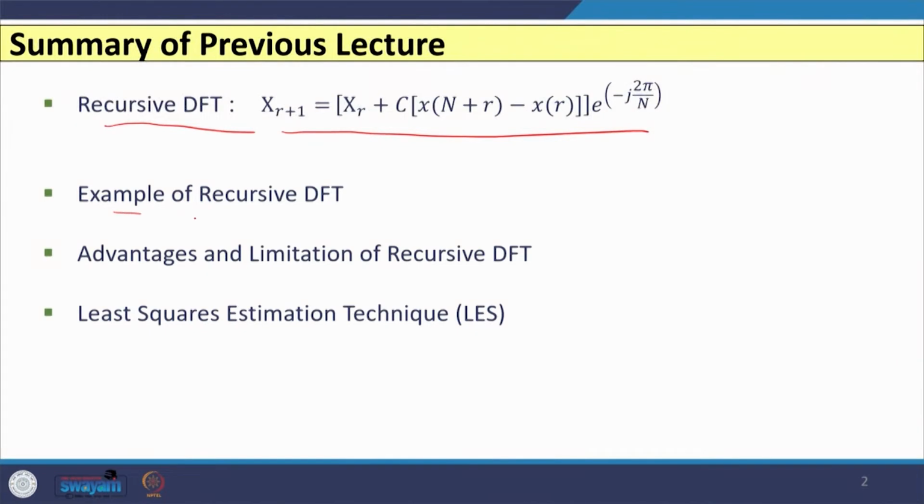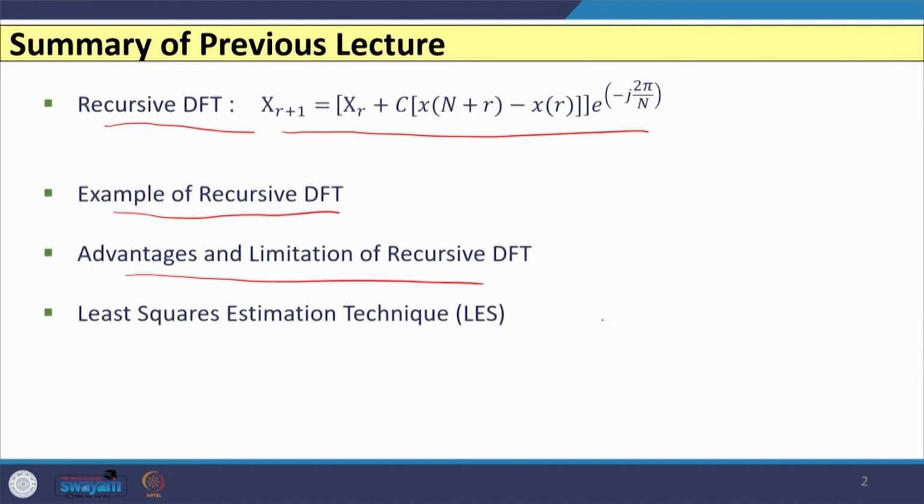Moreover, we have also discussed the example of recursive DFT, and after that we have discussed the advantages and limitation of recursive DFT. We have discussed that if I use the recursive DFT, then the important advantage we have is that the computational requirement reduces.